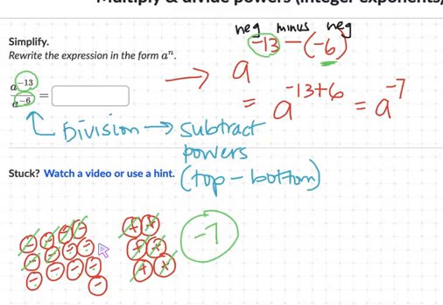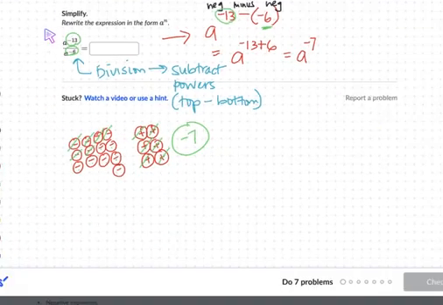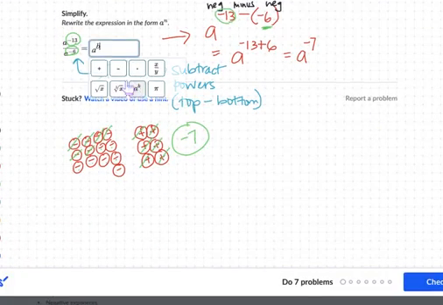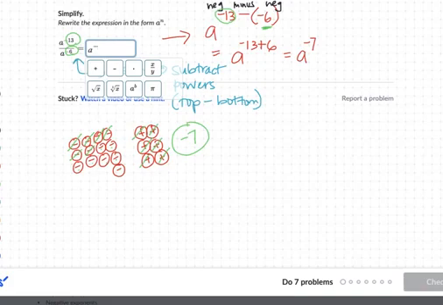Or you can use a calculator. So here, we have it written as a to the negative 7th power. They said that they want the expression in the form of a to the nth power. So we could keep it like this, is what they're saying.